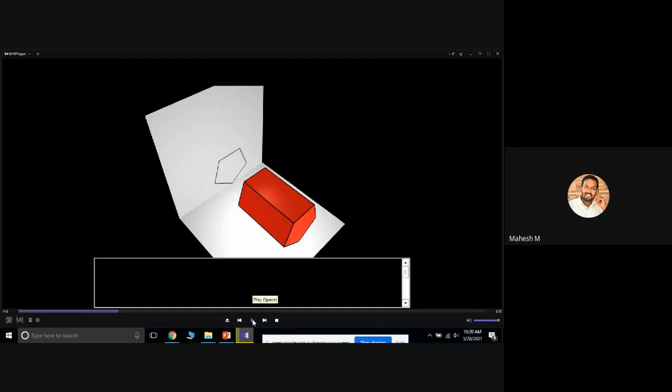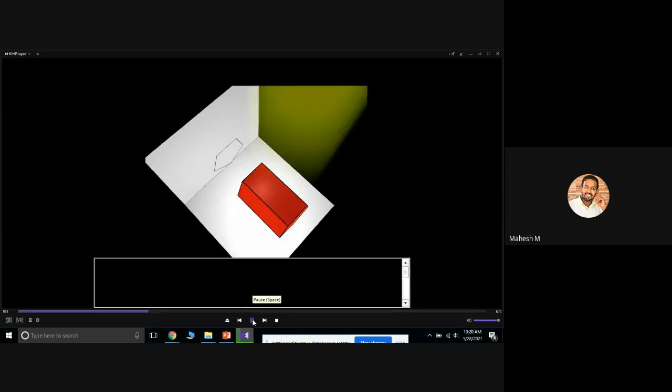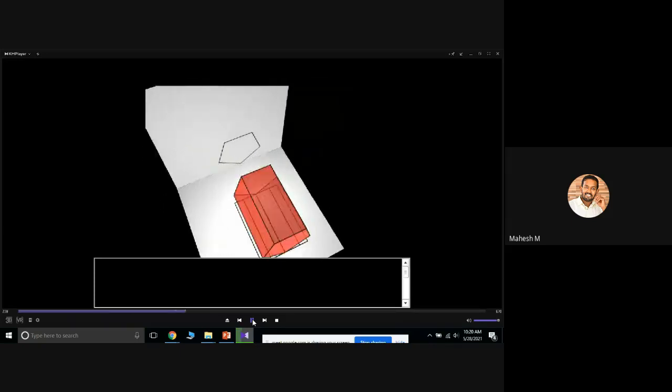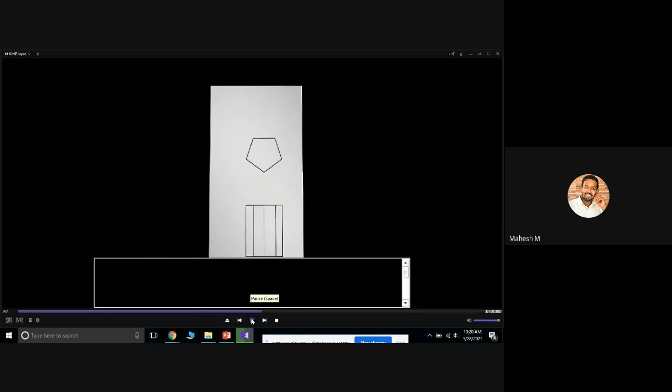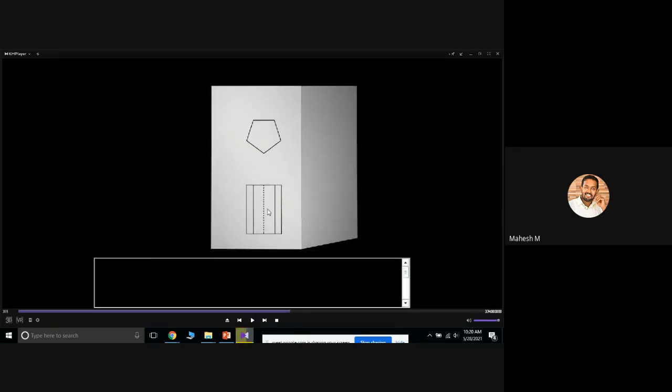Next, you have to create a top view. We're looking from the top view direction, and you can see a rectangle. Inside this rectangle, you'll have 3 lines. This particular corner is the outside left extreme line, and this particular corner is the right side extreme line. In between these 2 lines, you'll have 3 lines.